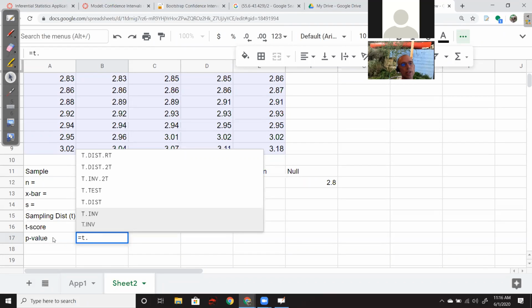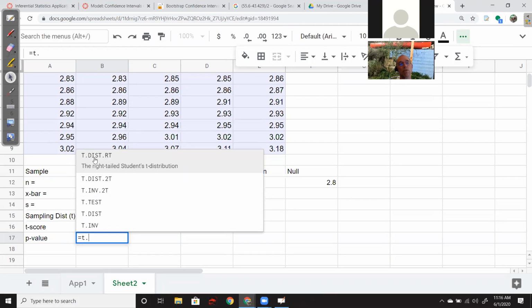Oh, there we go. T.dist. I think I want this one right here. Left-tailed Student's t-dist. Left-tailed. What's this? The two-tailed Student's t-dist, or the right tail.